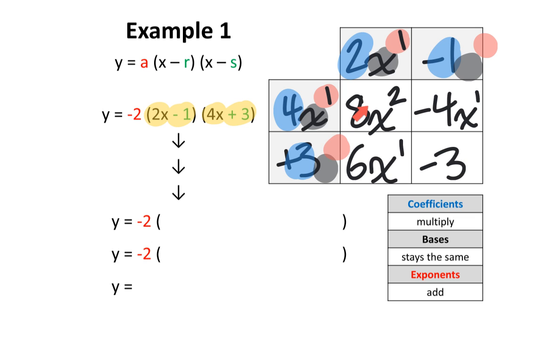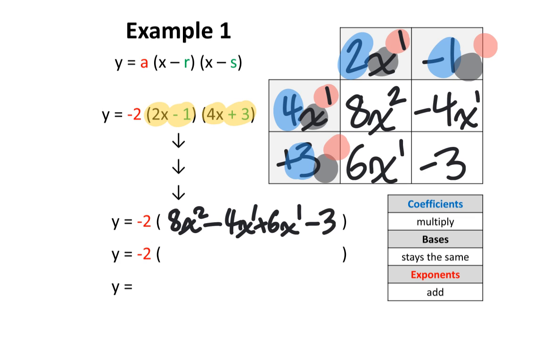We're going to take these 4 terms and copy them into this bracket. I'm going to rewrite 8x to the power of 2, -4x to the power of 1, 6x to the power of 1. I'm going to add a plus sign in front of it, and -3. At this point, you'll want to look for like terms.